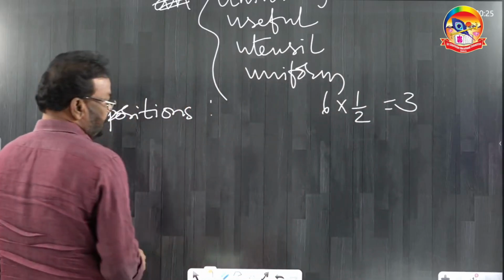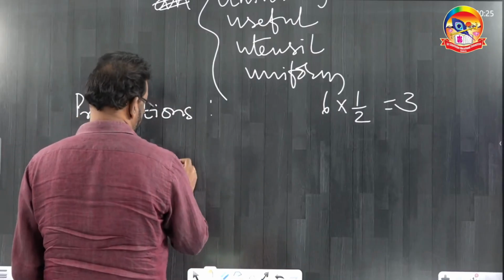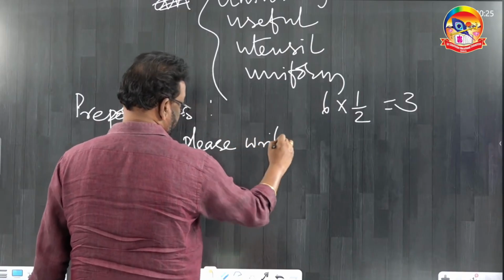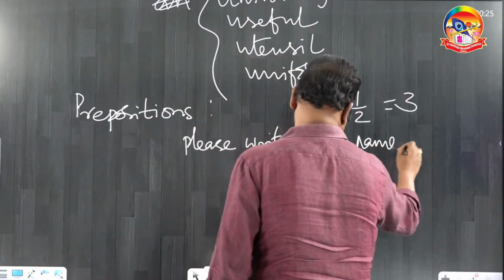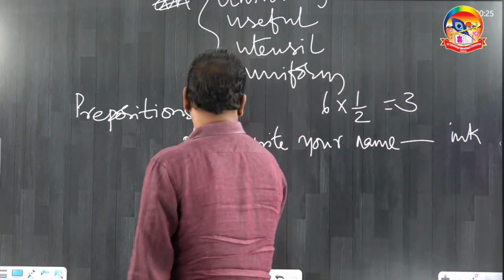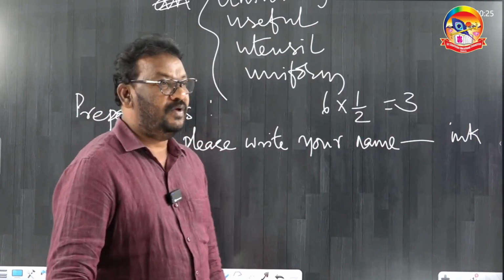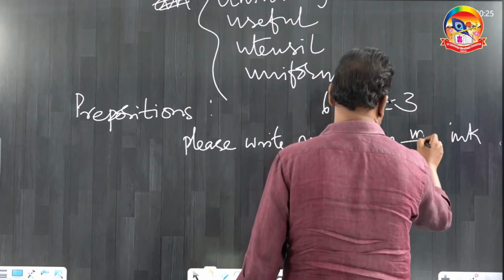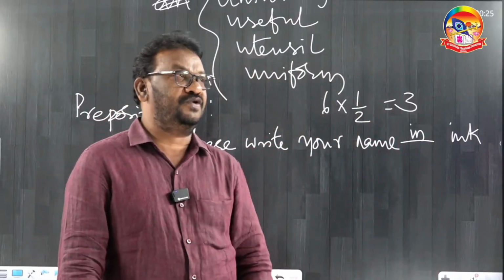For example, I shall give you some sentences where most of you make mistakes. For your kind information, please write your name dash ink. If the same sentence is given, most of the students write 'with ink', but 'with' is wrong. What is the correct preposition? 'In ink'. And what is the time dash your watch?